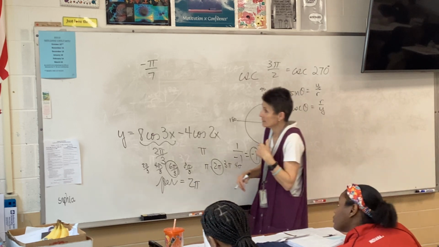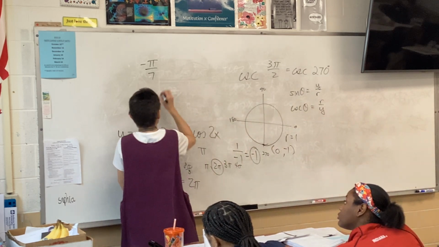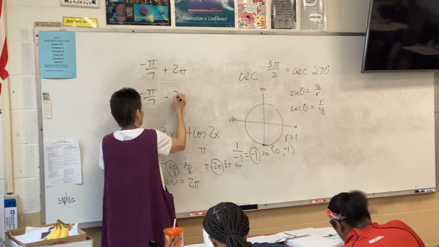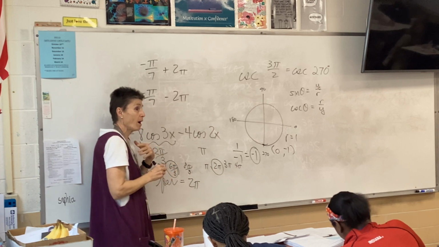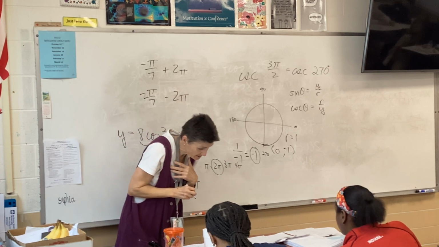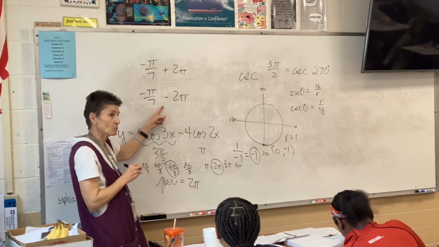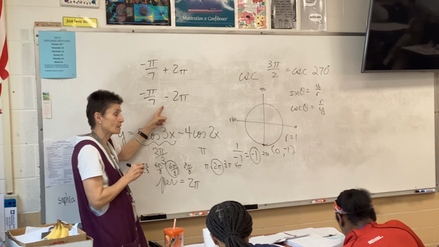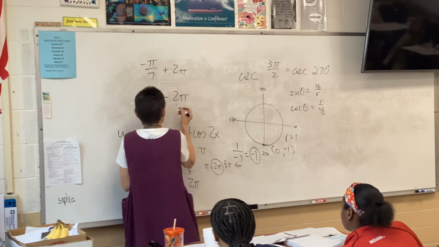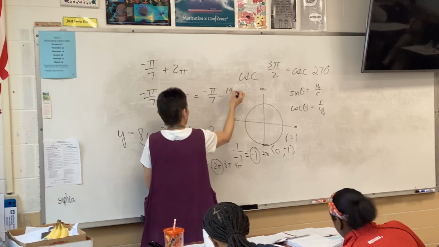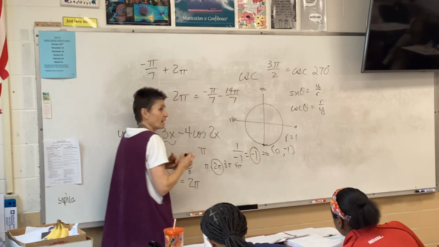So Abe says, if I want a coterminal angle, I'm either going to add 2 pi or I'm going to subtract 2 pi. Since the problem specifies a negative, won't it have to be this one? Yeah. So that's negative pi over 7 minus 14 pi over 7, get a common denominator.